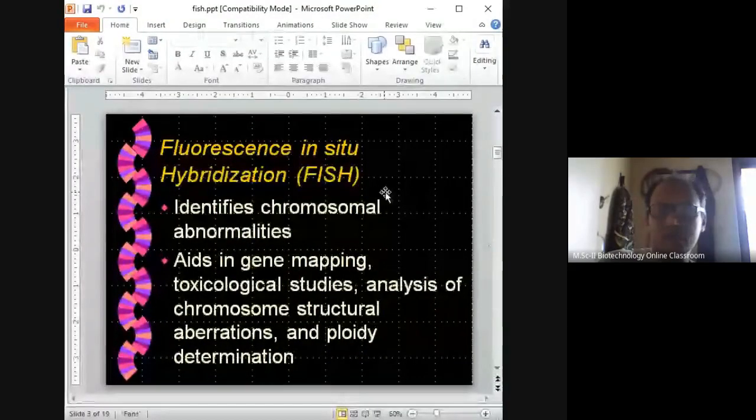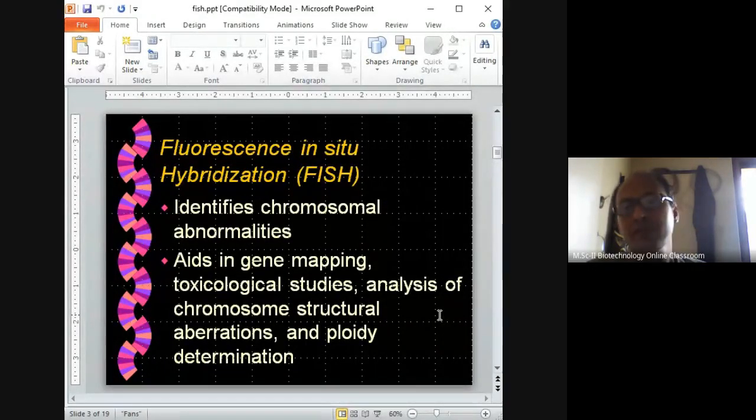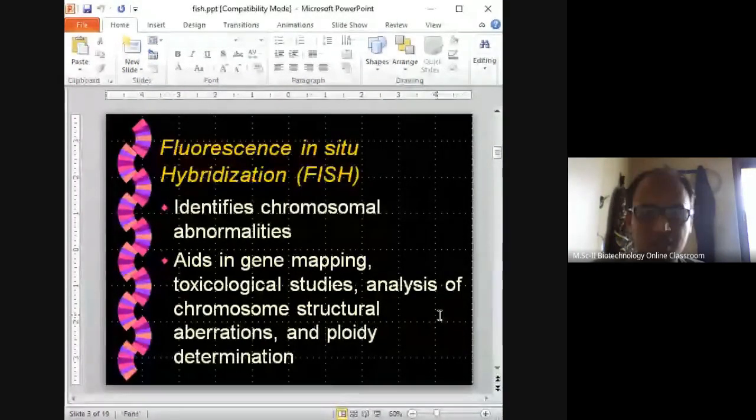Okay, so we'll see the applications of fluorescence in situ hybridization. It can be helpful in determining chromosomal abnormalities. What are the different types of abnormalities in the chromosome? There are several types: insertion, deletion, inversion.